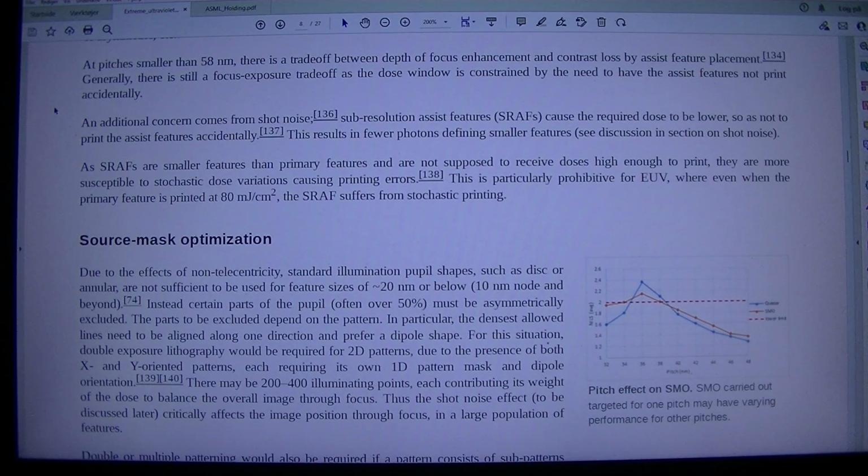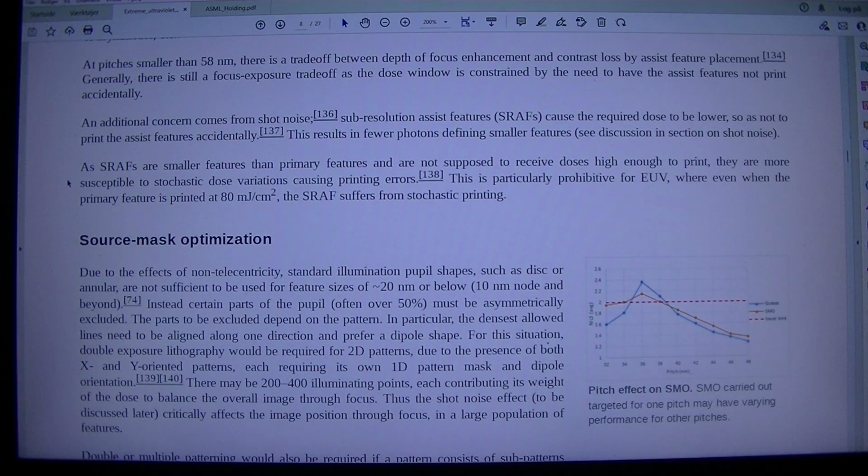An additional concern comes from shot noise. 136. Sub-resolution assist features, SRAFs, cause the required dose to be lower, so as not to print the assist features accidentally. 137. This results in fewer photons defining smaller features, see discussion in section on shot noise.